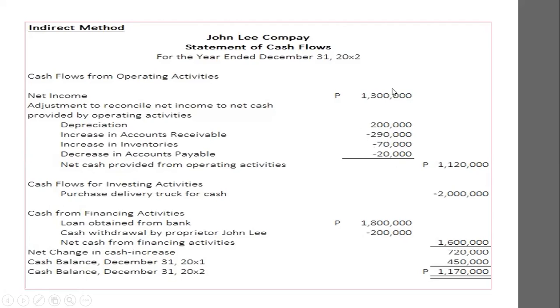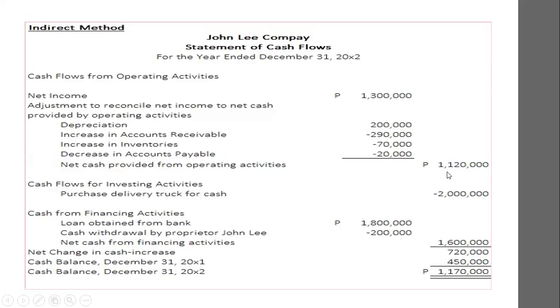So, 290, 70, 20, ito po ay 360. 1,300 plus 200, so 1,500 po yan. 1,500 minus 360, yun po yun. So, ang total po is 1,120,000. Okay?